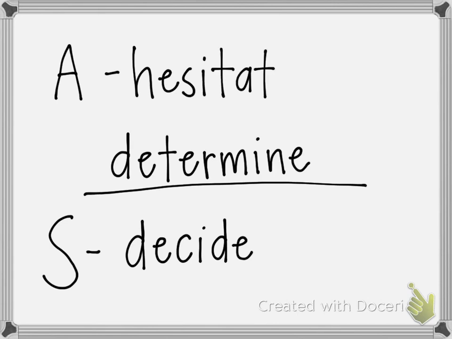If you hesitate, it means you don't start right away, you don't decide something, you just kind of wait. When we hesitate, it means we pause before saying or doing something. So if we hesitate, that is the opposite of just deciding or determining something.